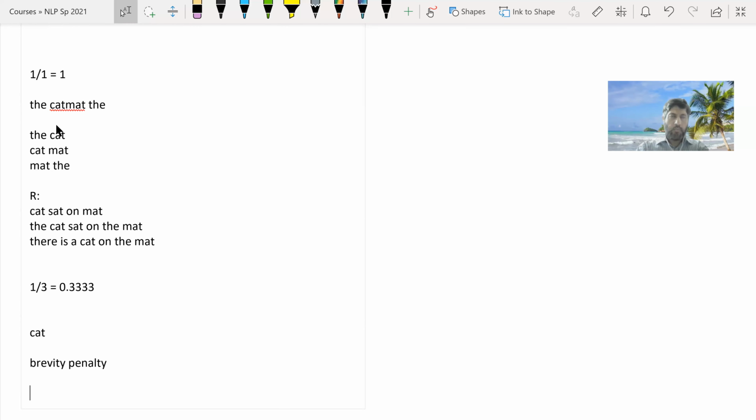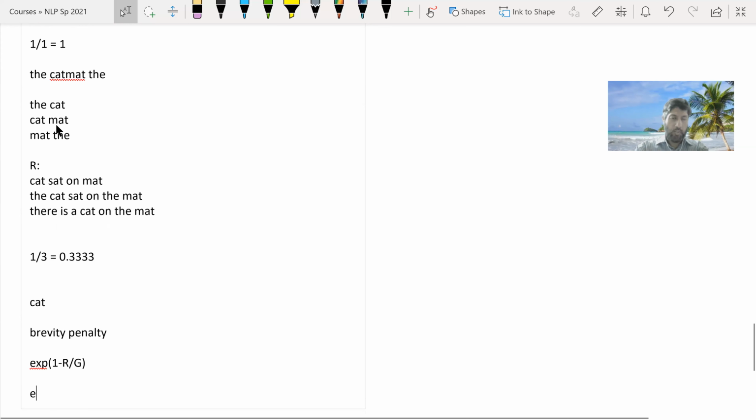So how do you compute this brevity penalty? We have a formula: EXP, the exponent, where e is 2.7 something. 1 minus R over G. So if I write this another way, this is e raised to the power of 1 minus R divided by G. What is R?